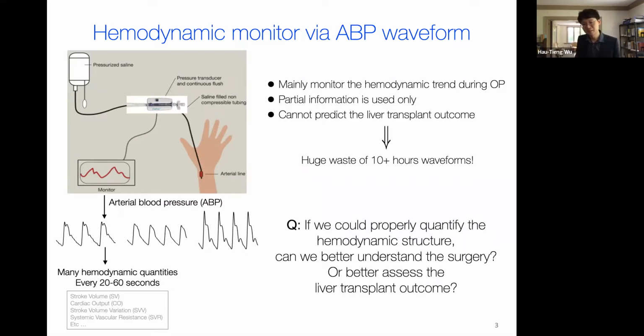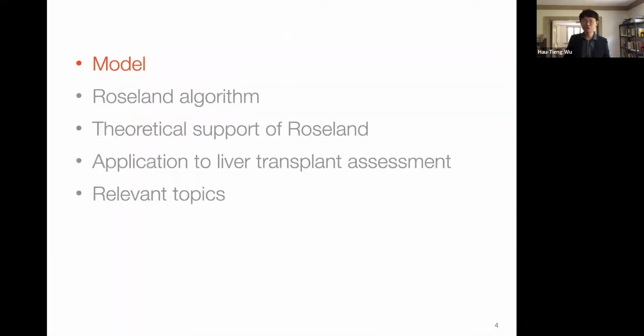So we are asking: if we could properly quantify the hemodynamic structure, can we better understand the surgery or better assess the liver transplant outcome? That is the basic motivation.